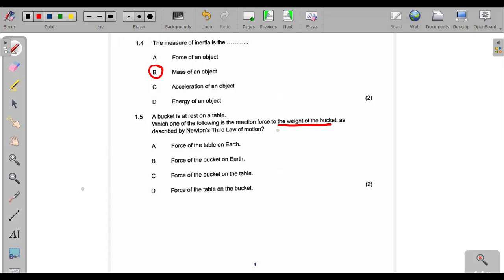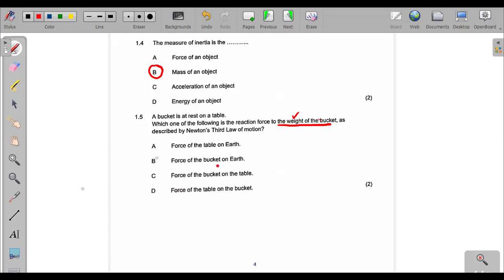Weight is a gravitational force, the force that the earth exerts on an object. In our case, the earth is exerting a force on the bucket. So the reaction force to that will obviously be the force of the bucket on the earth.